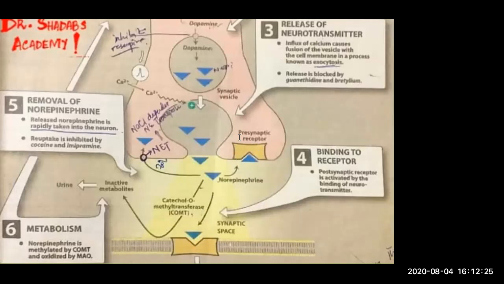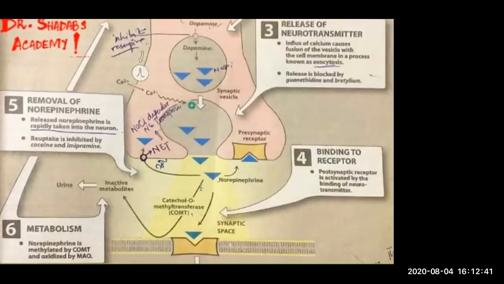on which this norepinephrine is getting attached. So what is the function that is going on over here? When it attaches to the same receptor on the same neuron, that neuron has the receptor for it also. This is an inhibitory function.